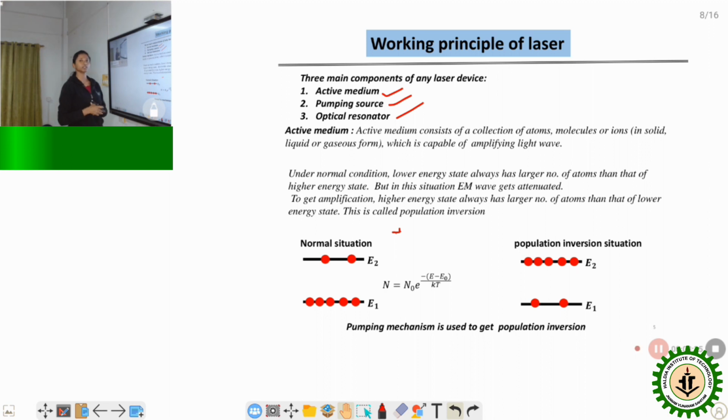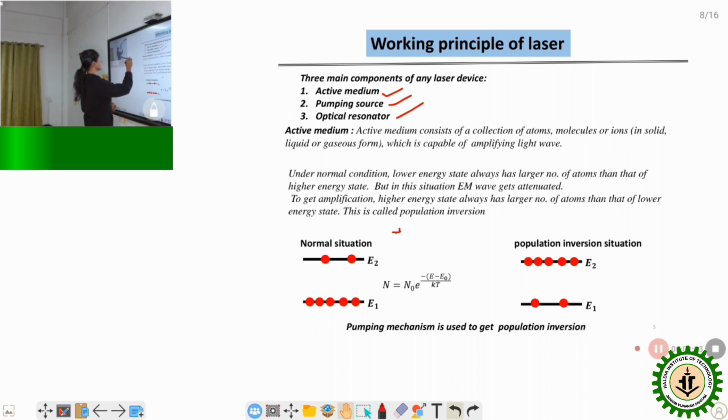First is the active medium. So what is the active medium? The active medium is basically a collection of atoms, molecules or ions, or a mixture of them, in the gaseous state, liquid state or solid state. This is called the active medium.